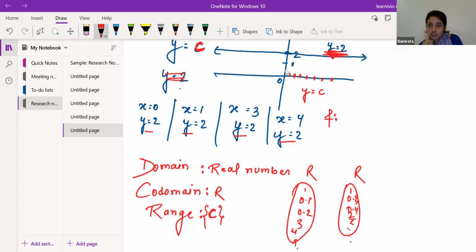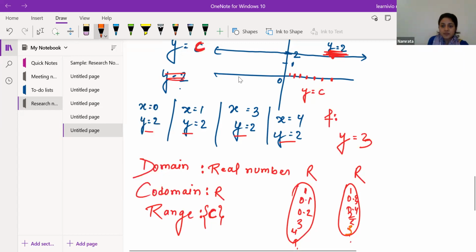Now what is the range? Range means only the output. Whatever you take from R, your output will depend on what function you have, y equals 2 or y equals 3. If the constant is 3, let me show you.